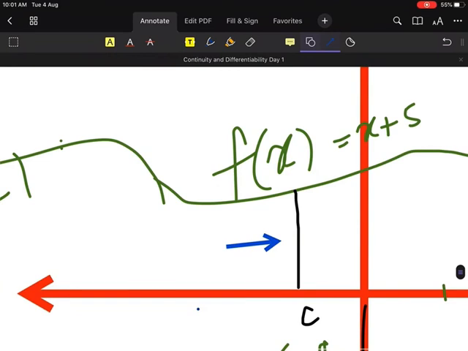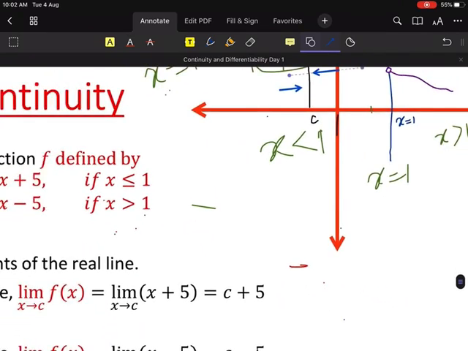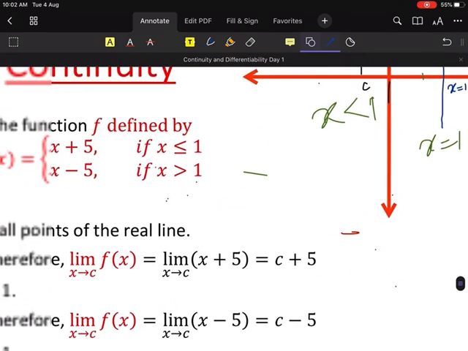This is a very, very important thing. Whenever we are finding the limit for a general point, it means what? c, the value of the point, is not given. It's a general point. We must be very, very sure that the left hand limit is equal to right hand limit. In my head, it's 100% sure for a general point, the left hand limit is equal to right hand limit.